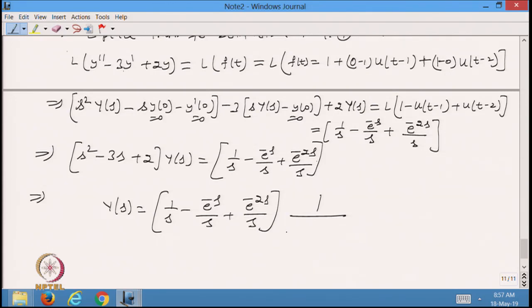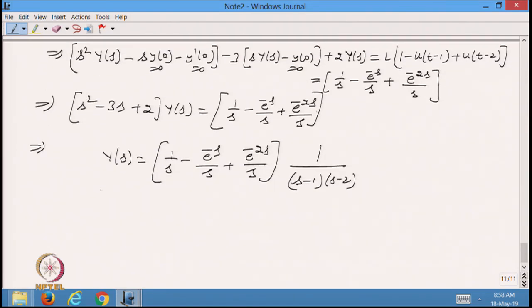So, this is coming as s square, so this will be s minus 1, s minus 2, because if you see from here it will be s square minus 3s plus 2.